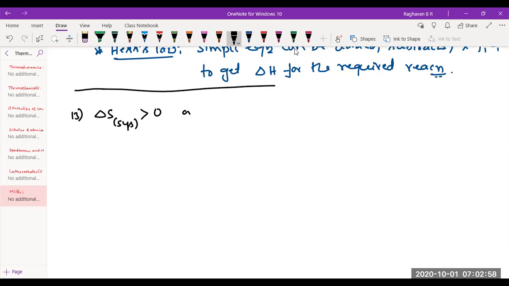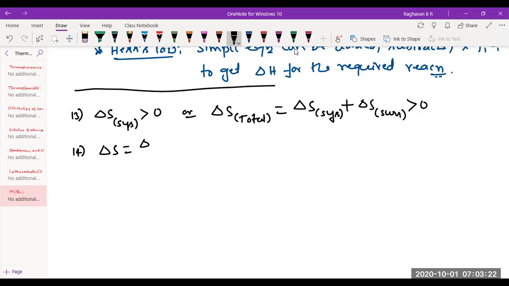Or if it is an open system, delta S total, which is equal to delta S system plus delta S surrounding, should be greater than 0. And also calculation of delta S is equal to delta H by T, or you can also write Q by T, joule per Kelvin per mole. They use different notations, but generally joules.